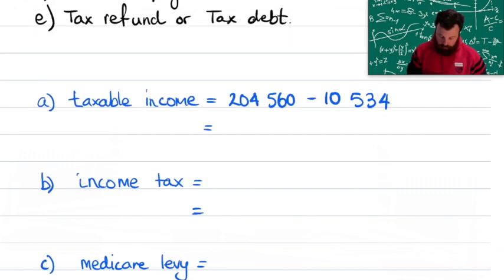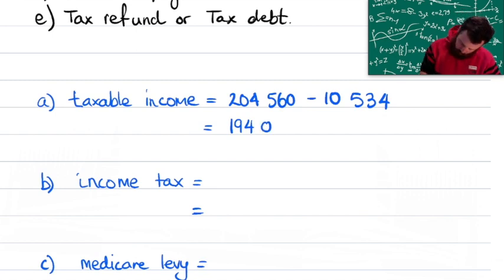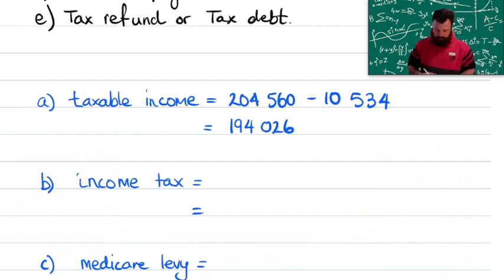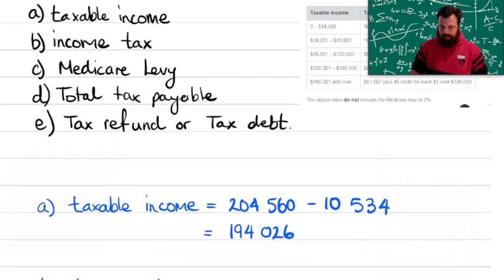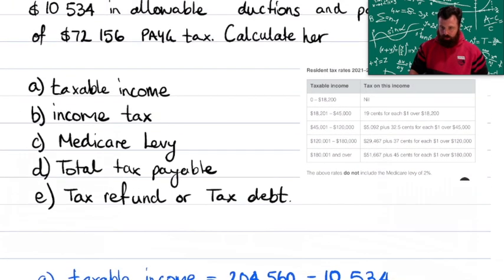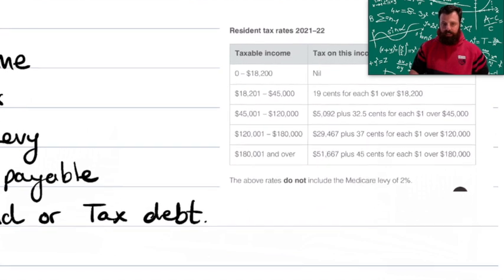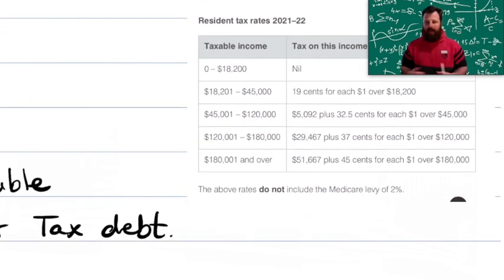So jumping into this, her taxable income is $204,560 minus her allowable deductions, and when we do that, we can see her taxable income is $194,026. Now, for the income tax, if we scroll back up to that table, at $194,000 we can see that Gabby falls into that bottom bracket, over $180,000.